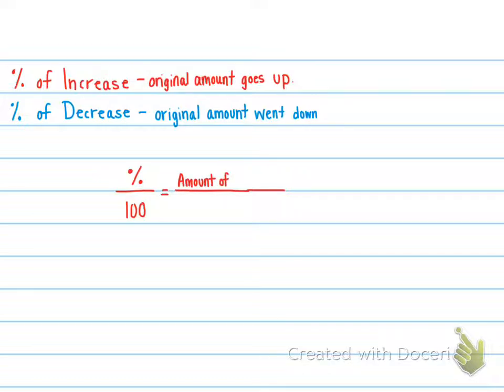So like in the last problem, that number turned out to be 8. That was your amount of change because it changed by 8. And on the bottom, you have the original amount.